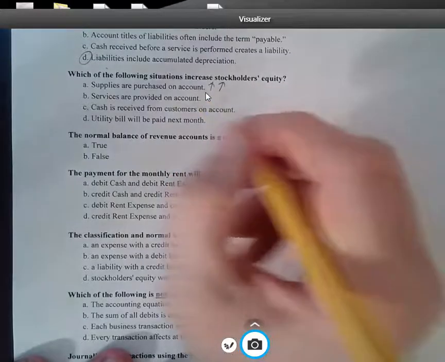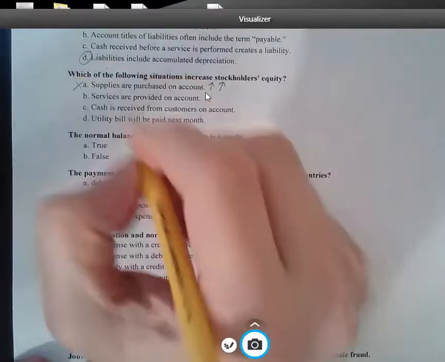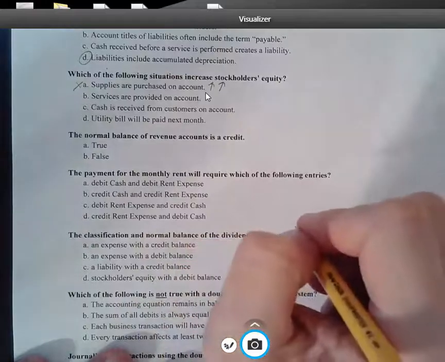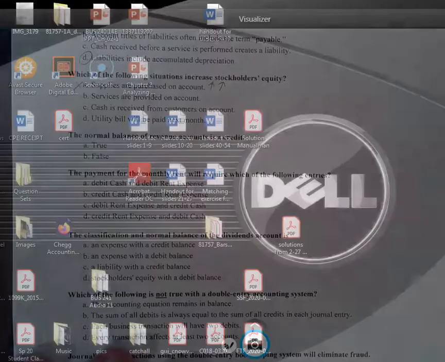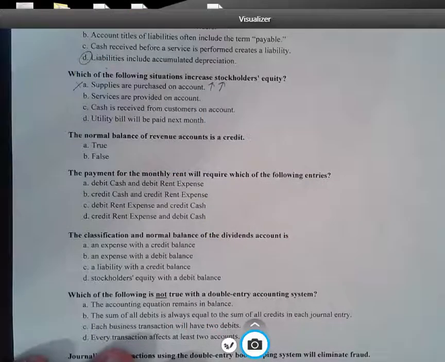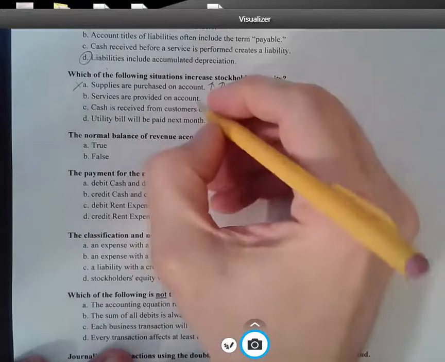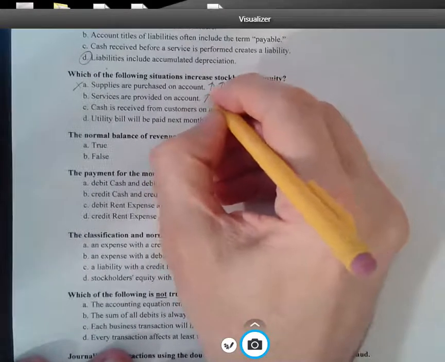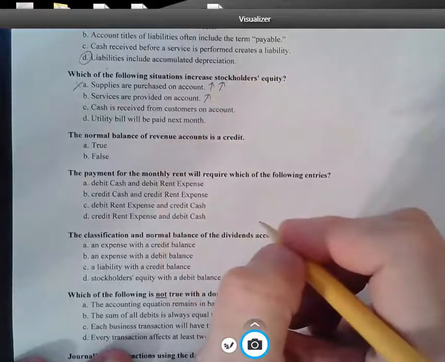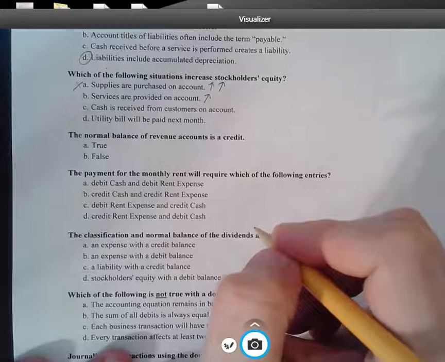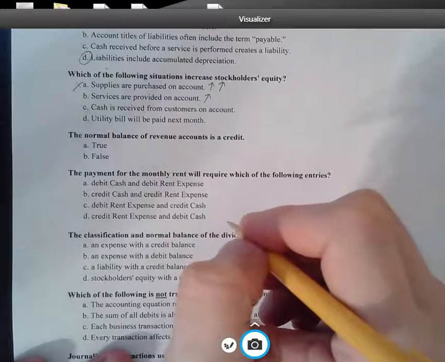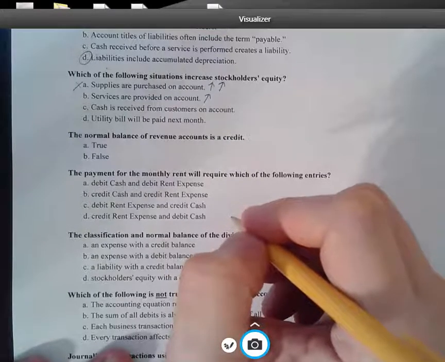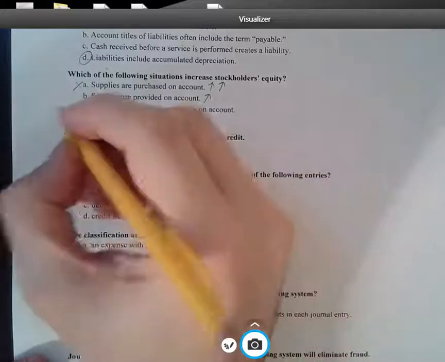So this is an incorrect answer. Our assets went up, but our liabilities also went up by the same amount. Services are provided on account. We've earned revenue, and we haven't increased any liabilities. So we have a net of one arrow going up. This is a good answer.